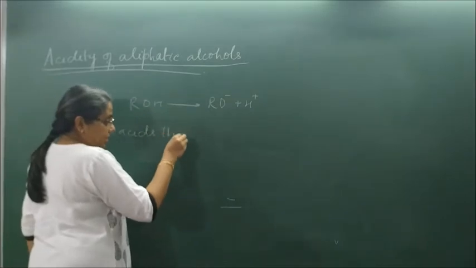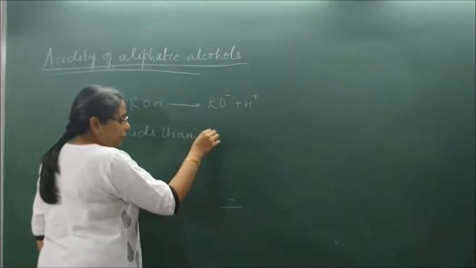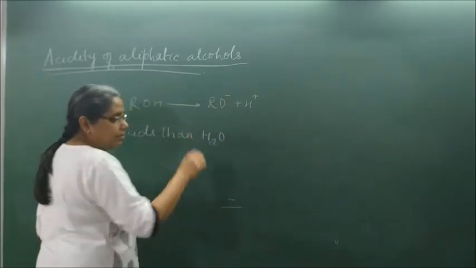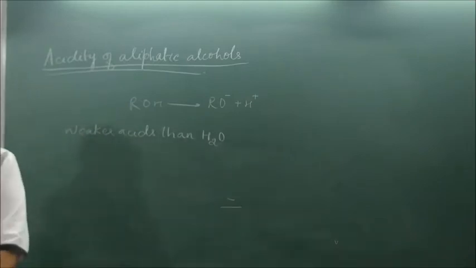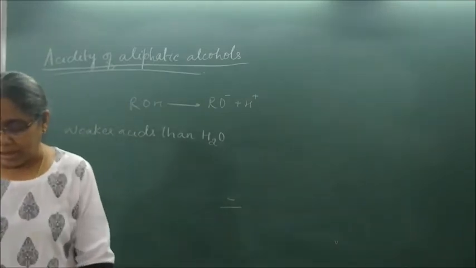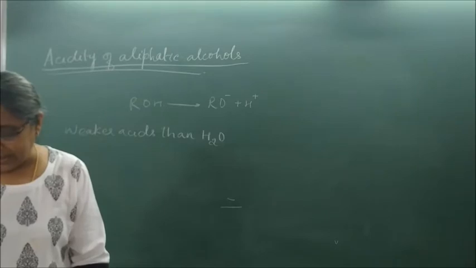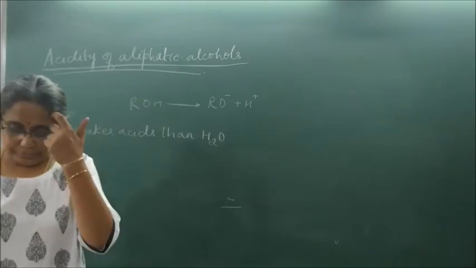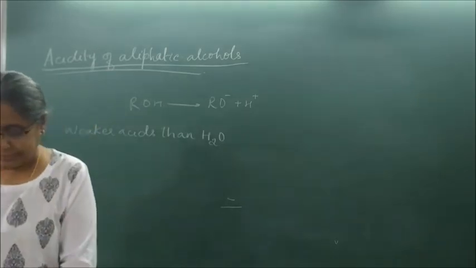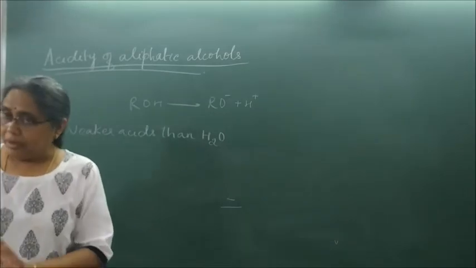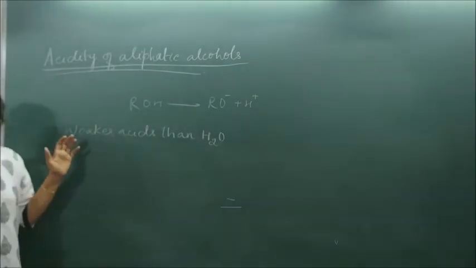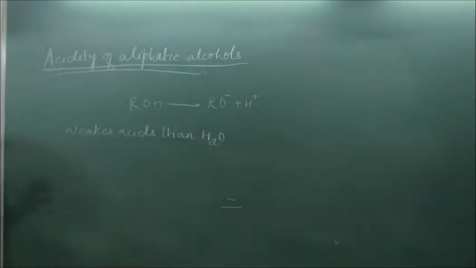Aliphatic alcohols are weaker acids than water. Please write, alcohols are weaker acids than water. How do we come to know? You have studied something called conjugate acid and base.